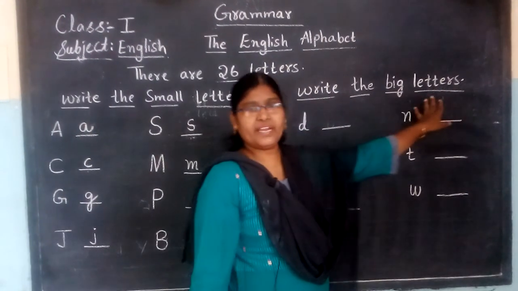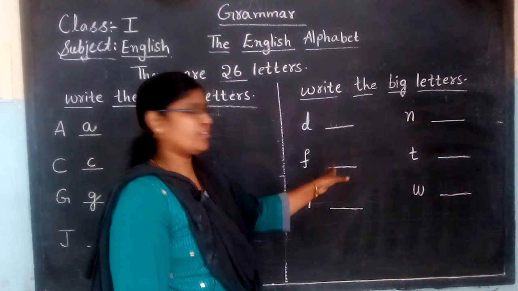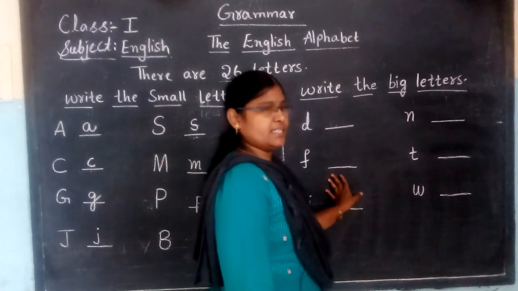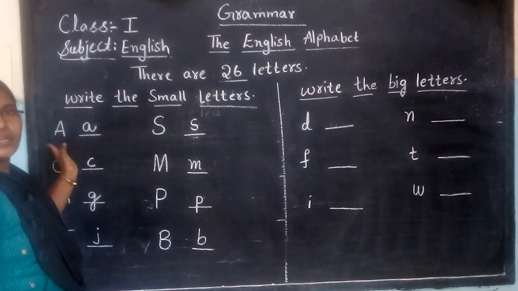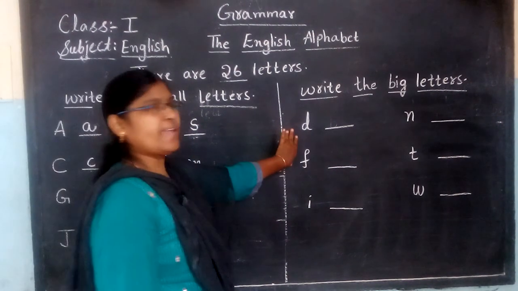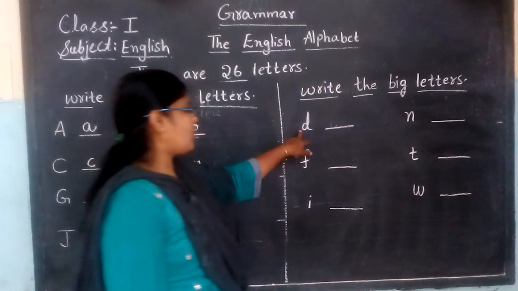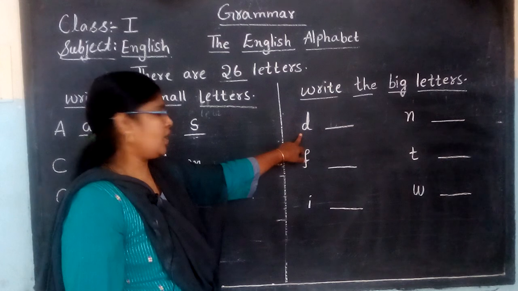Next, going to the next one. Write the big letters. I wrote here some small letters that you have to write as capital letters. Here in small letters we are writing capital letters now. What is this first one? Small d.